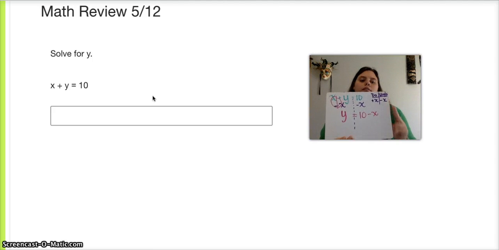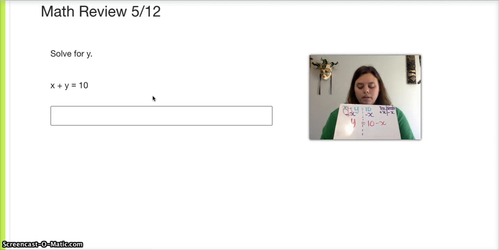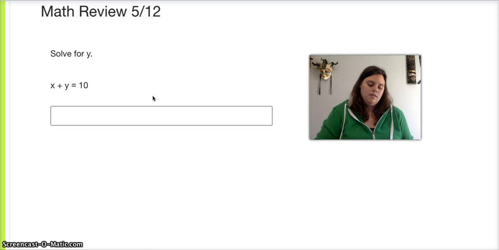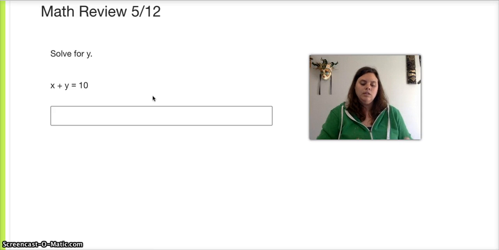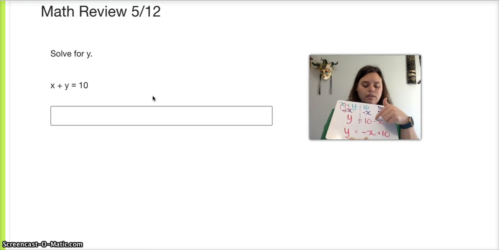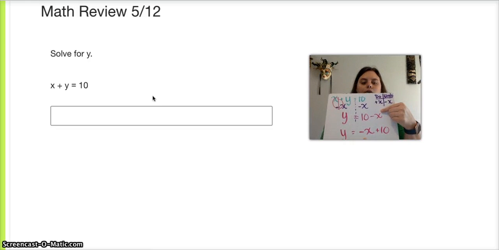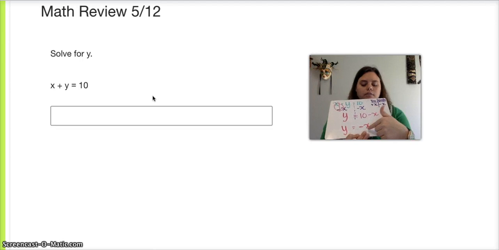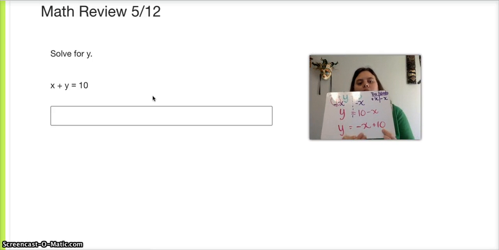If I want to write this in proper slope-intercept form, I can just put the negative x in front. Remember, the sign goes with the following item, so that negative stays with the x. There's nothing in front of the 10 because it's positive, so we're going to plus 10.